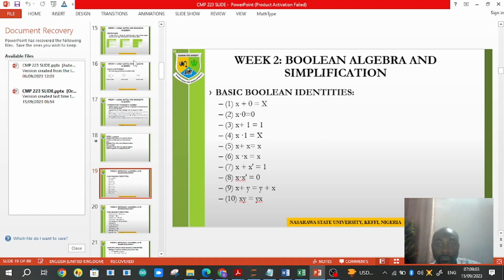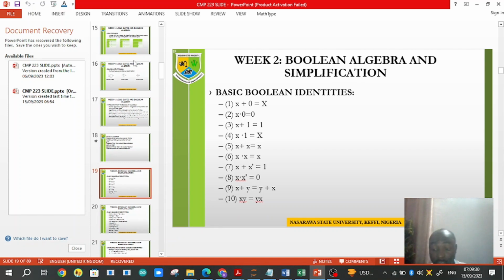We established that for the AND gate to be high, in other words 1 at the output, all the inputs must be high, or 1. For the OR gate to be high at the output, at least one of the inputs must be 1.